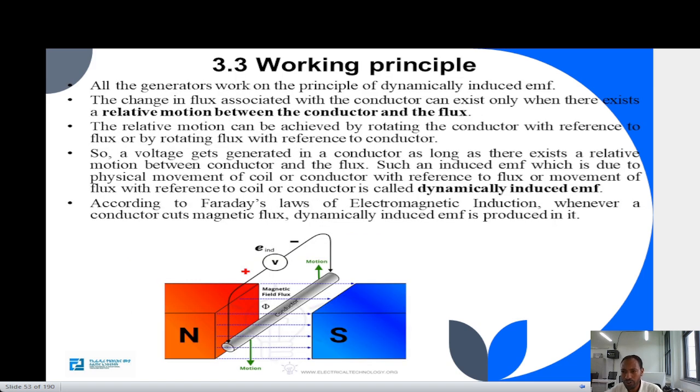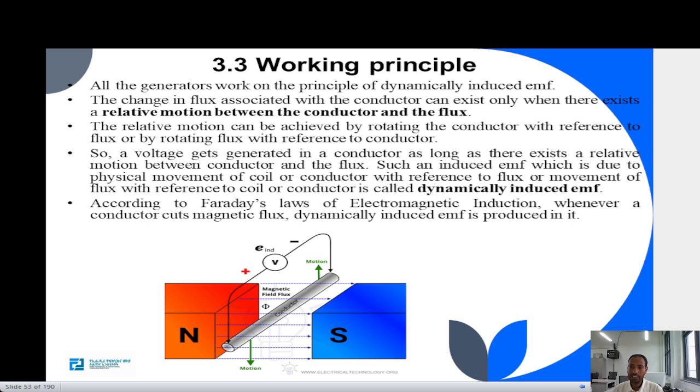Let us come to the working principle a little bit in depth. All generators work on the principle of dynamically induced EMF, or Faraday's electromagnetic induction principle. We said this before.